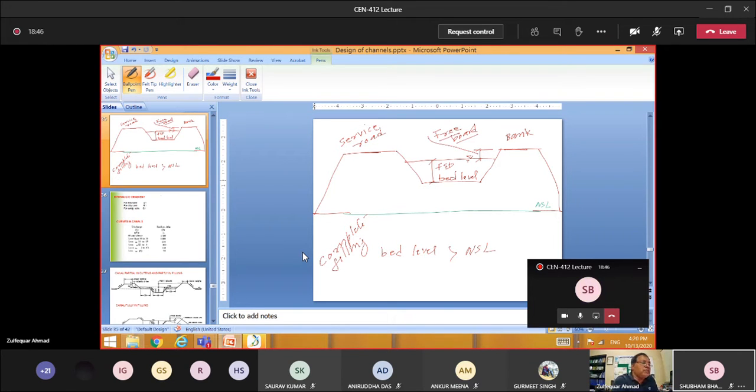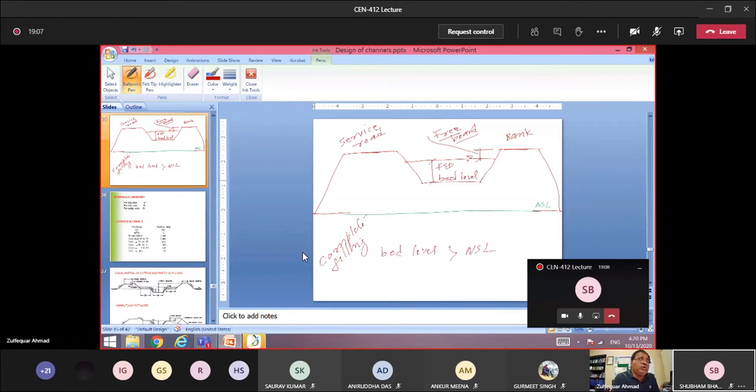Freeboard means that this much cushion we keep in the canal. If at a later stage we have to increase the discharge, or for some moment of time we have to draw more discharge, then the water can board in this free space.